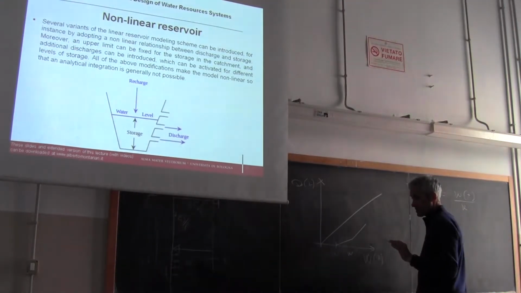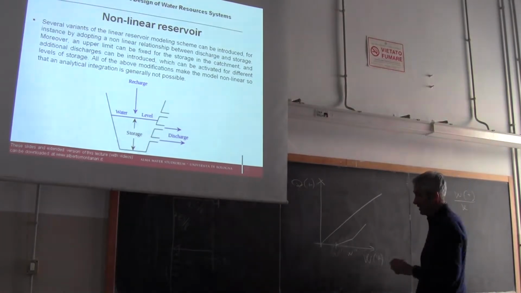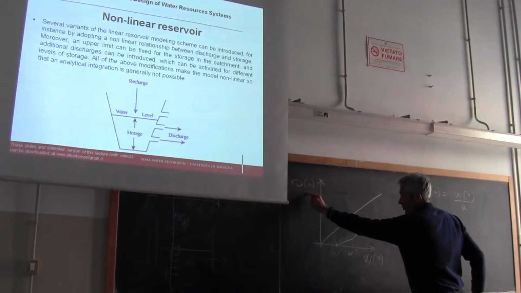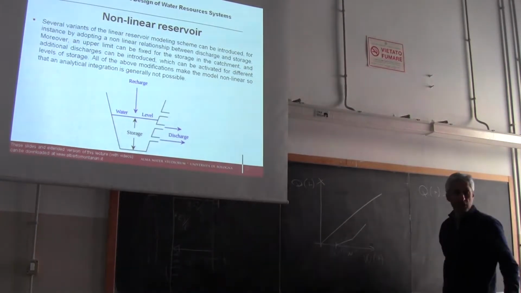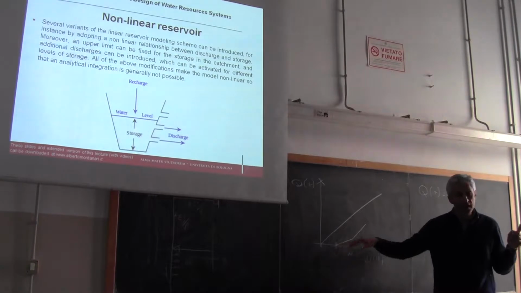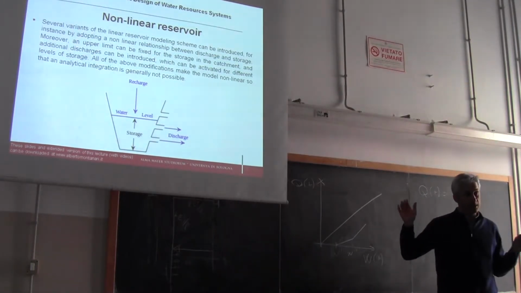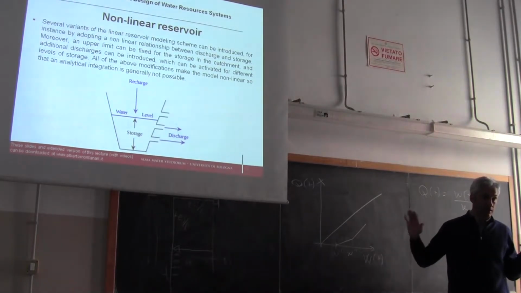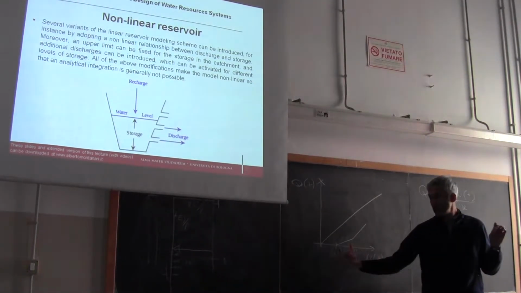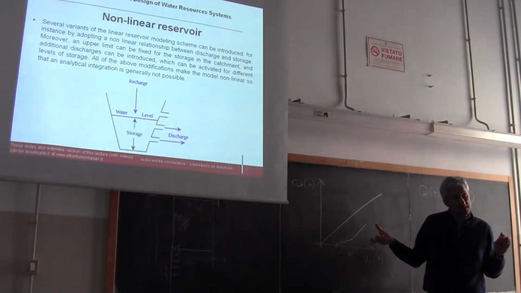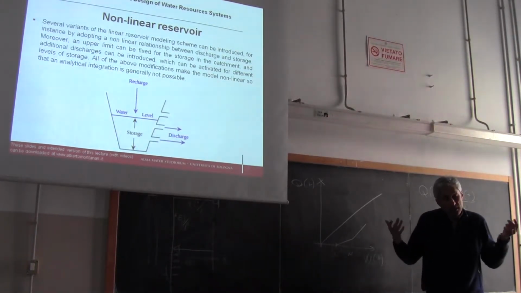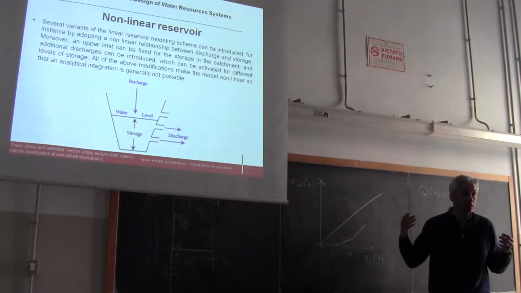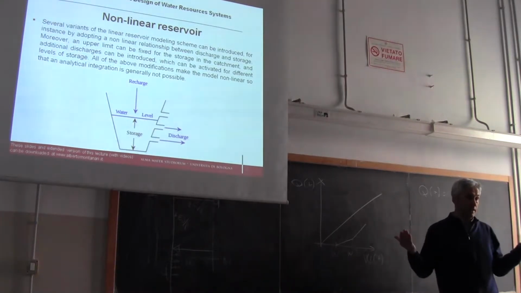So if we stop here and we forget about the third one, you see that the relationship between flow and storage is no more described by a rectilinear segment. It's piecewise rectilinear in this case. Piecewise means it's a composition of rectilinear segments, but the moral of the story is that it's not rectilinear anymore, which means that the model is not linear.